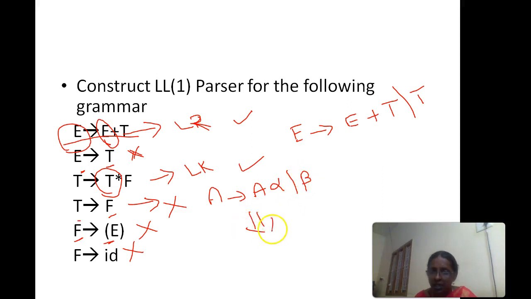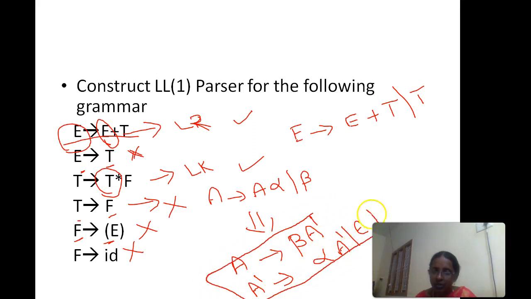This can be rewritten as A generates beta A dash, and A dash generates alpha A dash or epsilon. Similarly, for this production, what is alpha here? Plus T is alpha and T is beta.